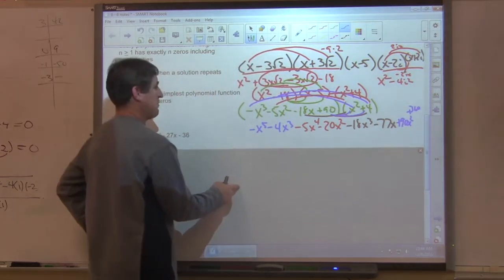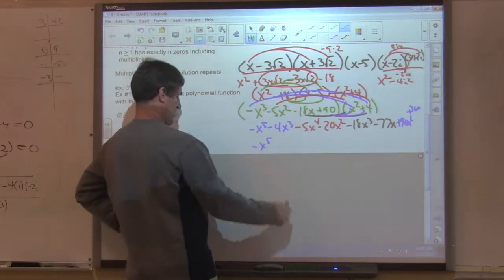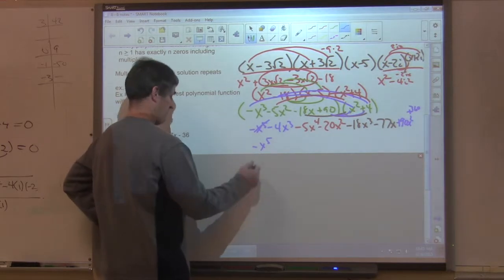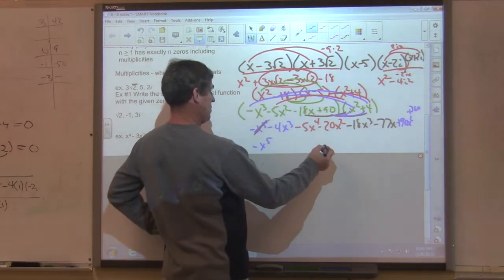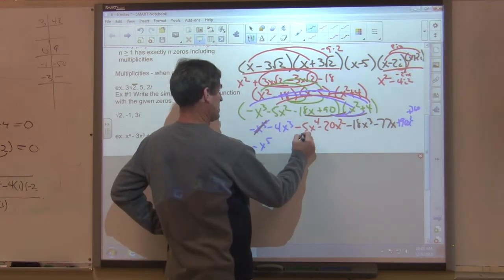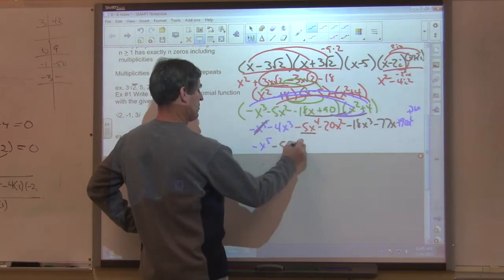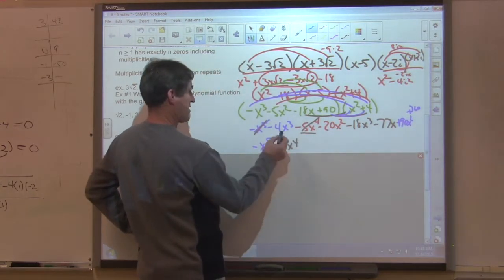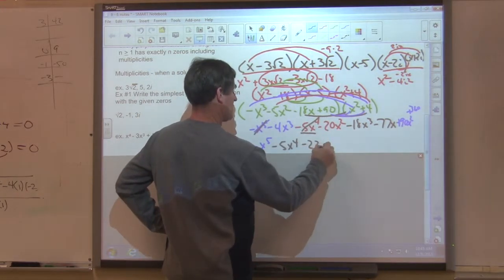And so now when we combine like terms, so that's gone. And then I take my x to the 4th. We just have 1, so negative 5x to the 4th. And that's gone. And my x cubed is a negative 4, and a negative 18 would be a negative 22x cubed.